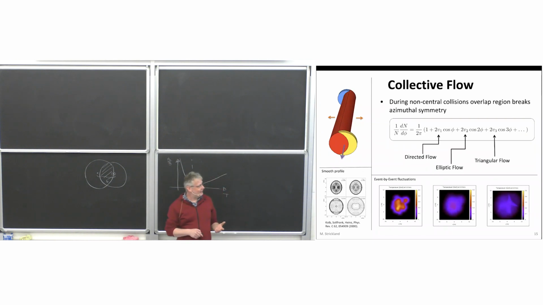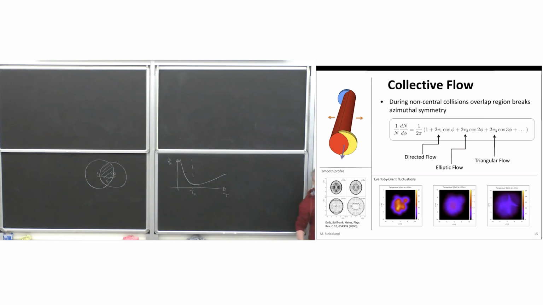And you can quantify this in something called the elliptic flow. In fact, there's a bunch of different flows. The way that experimentalists define the flows is you have some collision like this, you put a detector that wraps 2 pi around it, and then you measure all the particles as a function of azimuthal angle.